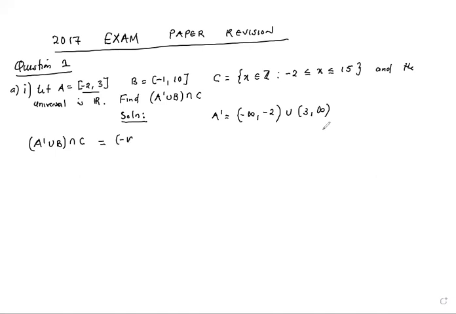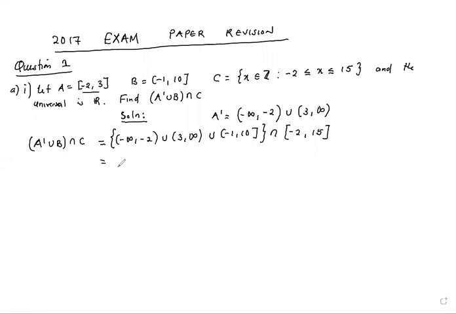So just go straight -infinity to -2, union 3 to infinity, union B, -1 to 10. This is one thing. Intersection C. Now C is -2 to 15. Both included, keeping in mind that these are integers.